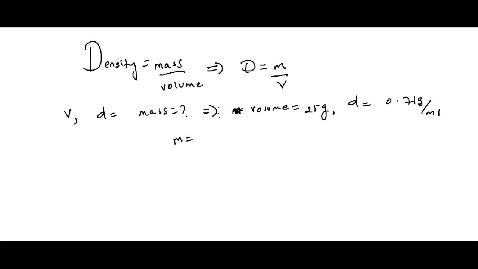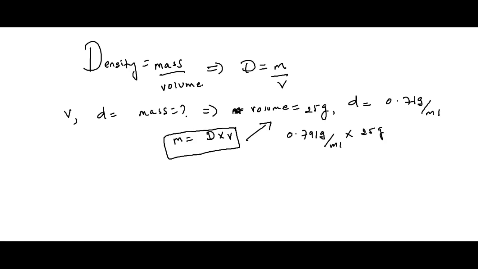So if you look at the previous formula, density is equal to mass over volume. Mass can be calculated as density times volume. This is a very appropriate formula to solve this problem. So we basically substitute the numbers that we have here. The density is 0.791 gram per milliliter, and the volume is 25 grams. Okay, so we can calculate the mass. I'm going to use my cell phone as a calculator, since I didn't bring my calculator.